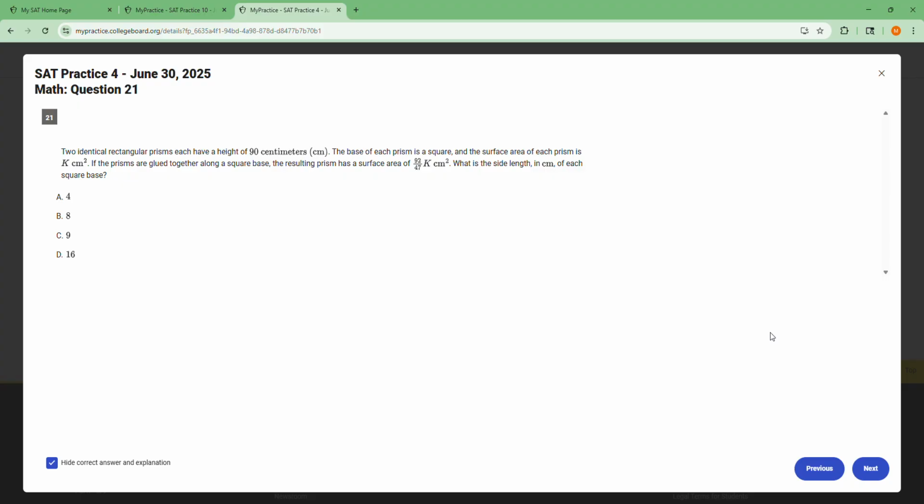And what's the thing we're trying to find? It's often useful to create a variable for the thing you're trying to find. What on this diagram would you label with X? Only one of the side lengths?